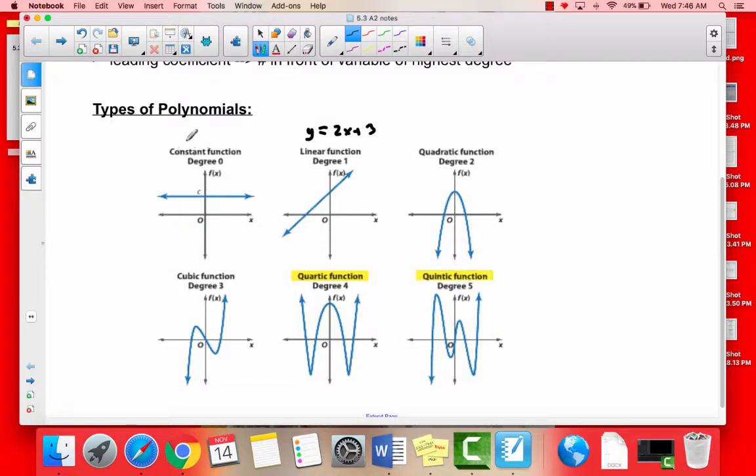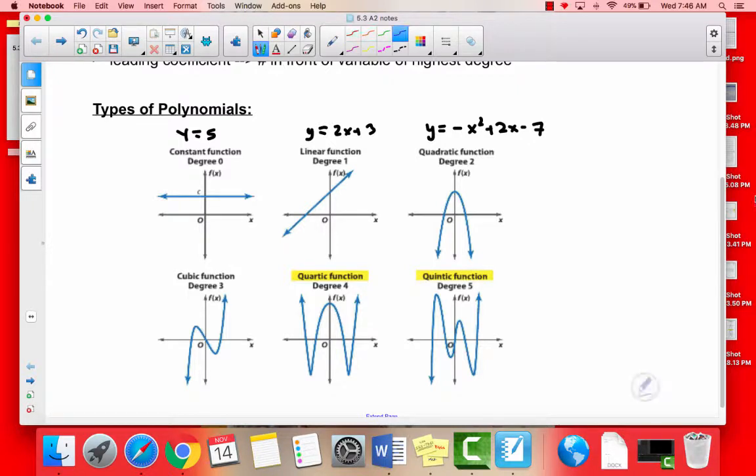So the constant function might look like this, y equals 5. There are no variables, it's just something equals a number. Then we've got our linear functions, so those are just lines. And then this is what we learned in the last chapter about quadratics, where it's a parabola. That would be something where the degree is 2, like y equals negative x squared plus 2x minus 7. All right, so those are our main ones we've learned about.